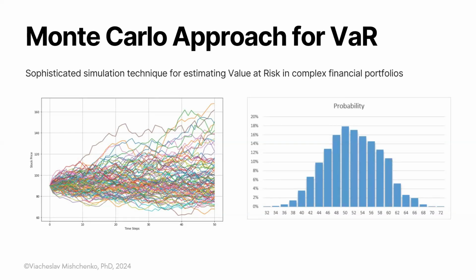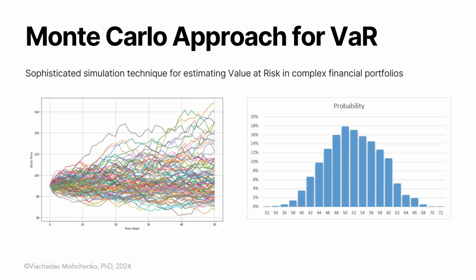And here, the beauty of Monte Carlo lies in its ability to handle complex and non-linear portfolios that other methods struggle with. It may be particularly useful for portfolios containing, for example, options, structured products, or other derivatives even.